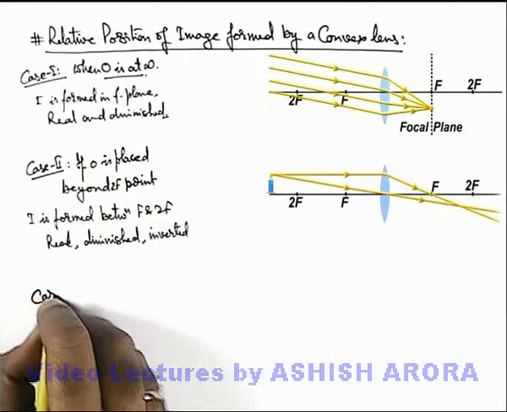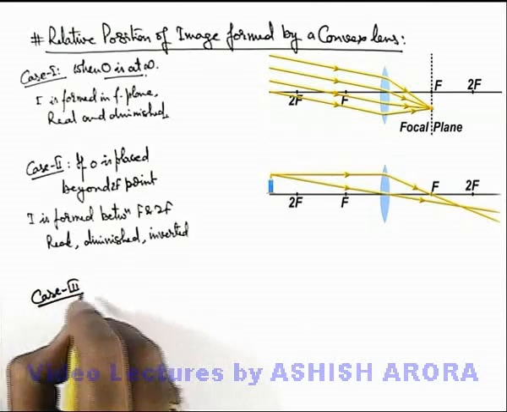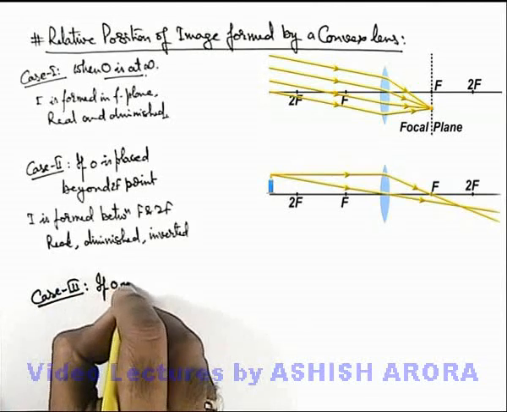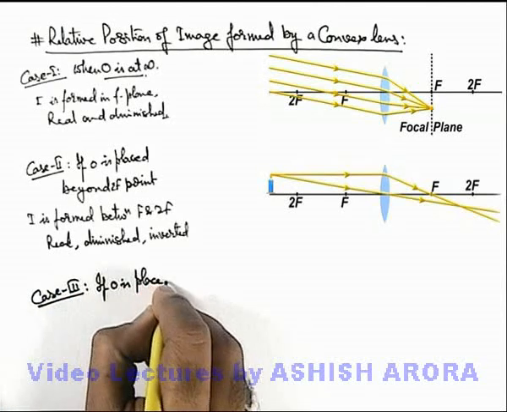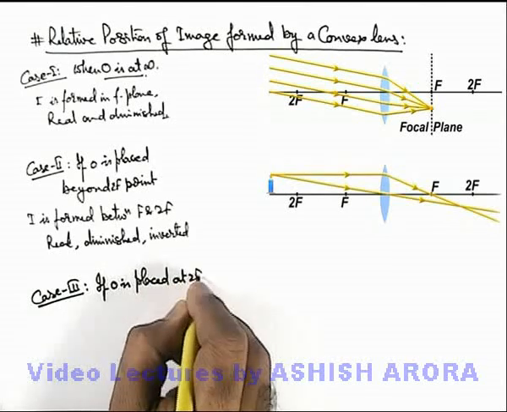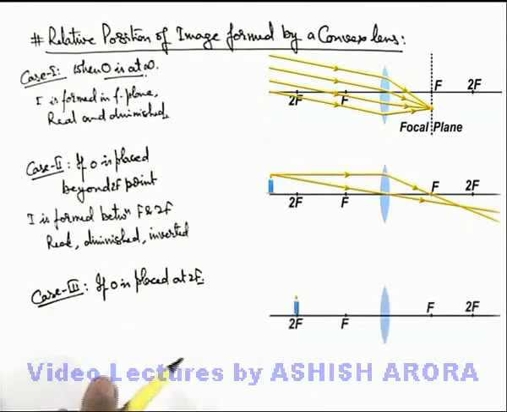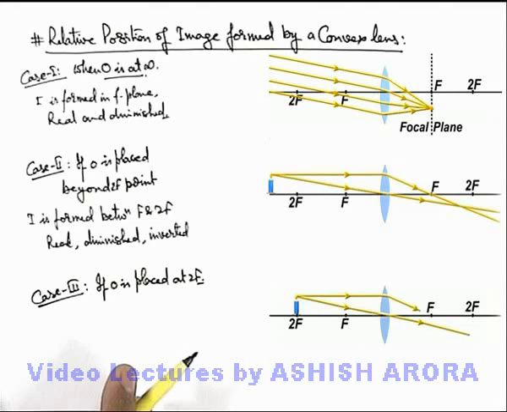If we talk about case 3, if O is placed at the 2f point, then in this situation we consider two rays incident on the lens from the object tip. The ray passing through the optic center will move undeviated and the one parallel to the principal axis will pass through the focus, and you can see symmetrically it produces an image at the 2f point only.